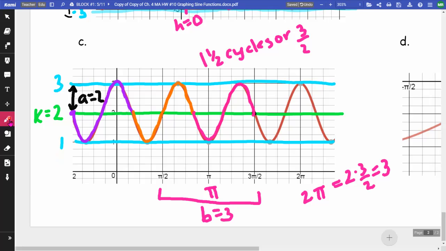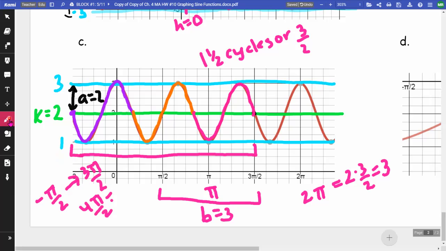That distance right here is negative pi halves to 3 pi halves. So I'm going negative pi halves all the way to 3 pi halves, and that is 2 pi. So I have 3 cycles within 2 pi.